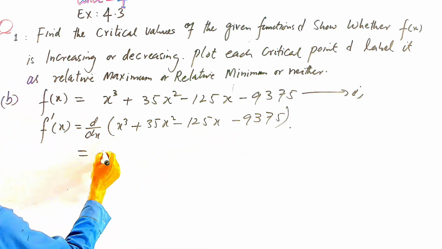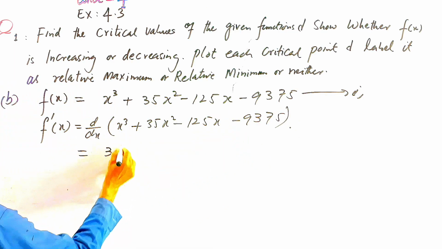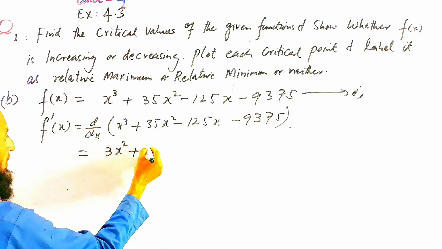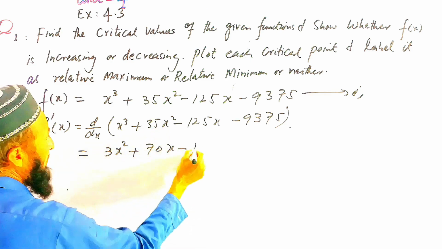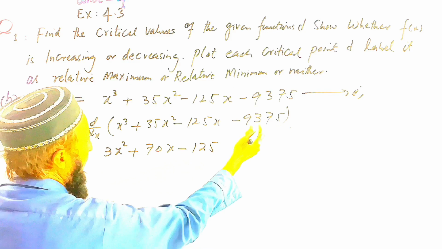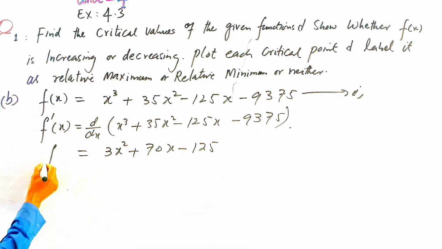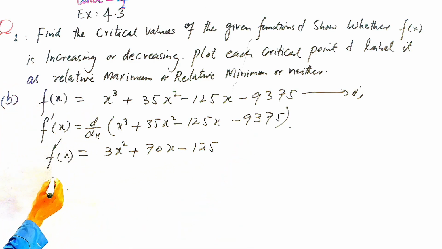The derivative of x cube we can write 3x square plus 70x minus 125, and the derivative of the constant is zero.